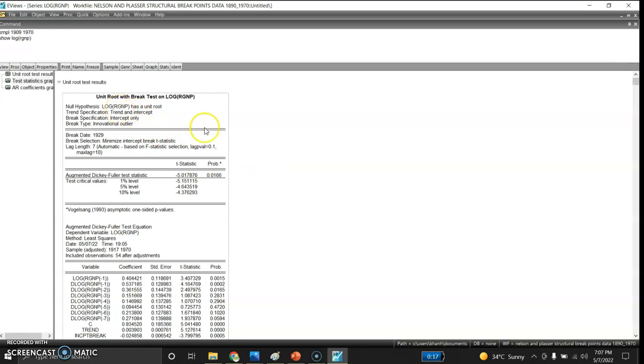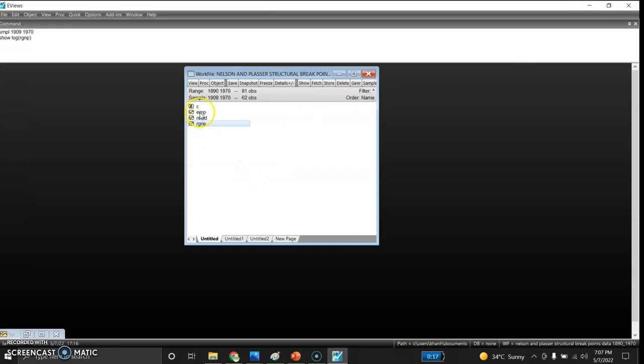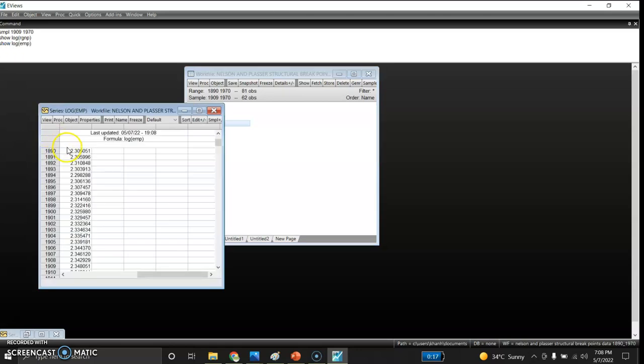Now I would like to show log employment. This is total employment, and here is the data. This data is from 1890 till 1970. So this is annual data for so many years.